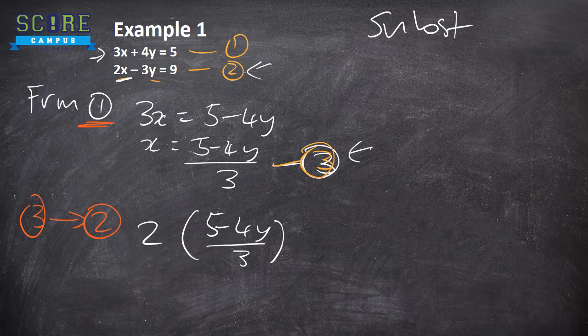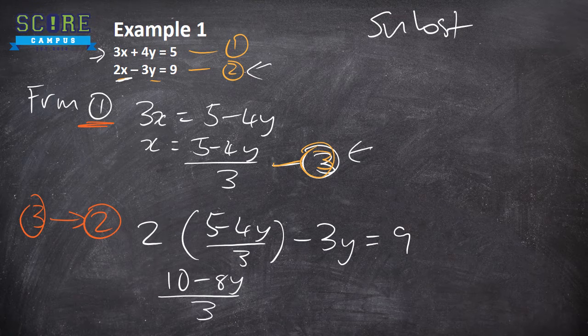Because this is 2x minus 3y equals to 9. Understand? So now I simplify this. What do you get? So open the bracket, you will get 10 minus 8y over 3 minus 3y equals to 9, right?